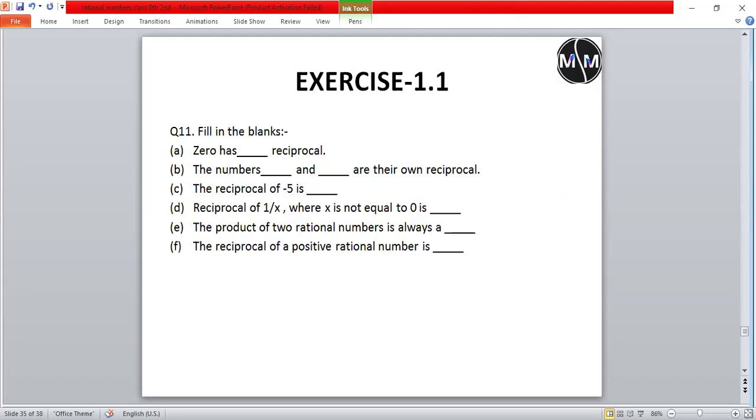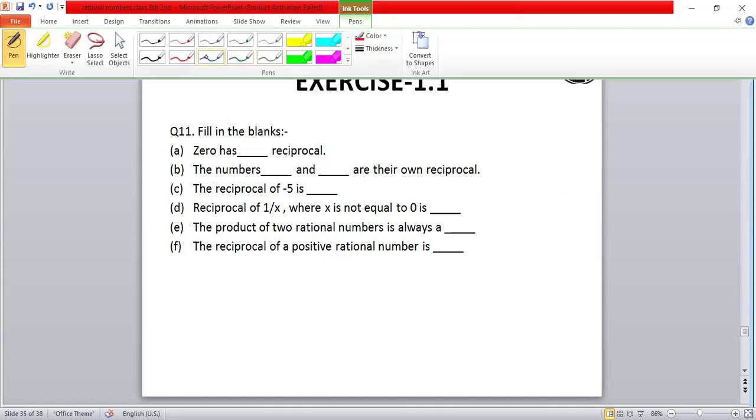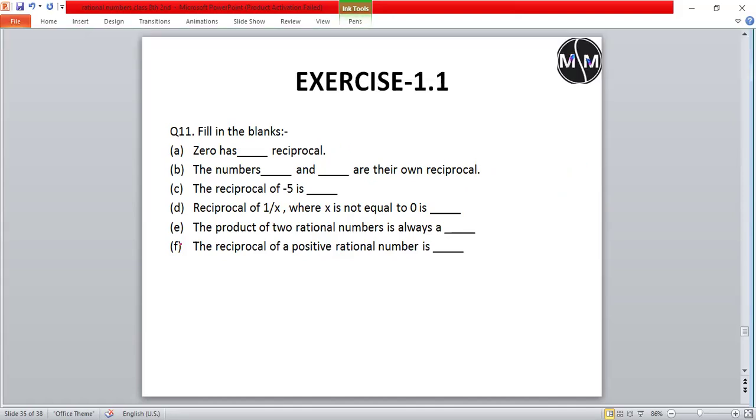Fill in the blanks. 0 has no reciprocal. The numbers 1 and -1 are their own reciprocals. The reciprocal of -5 is -1/5.